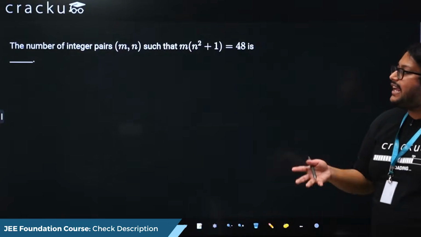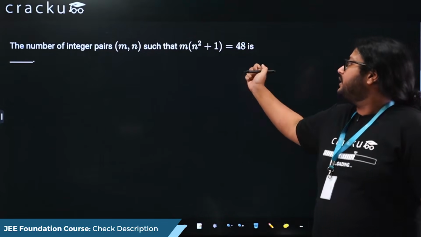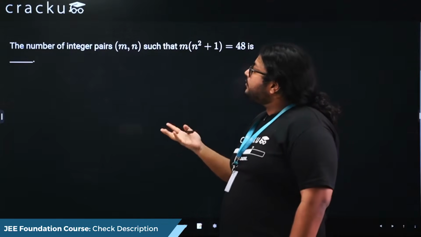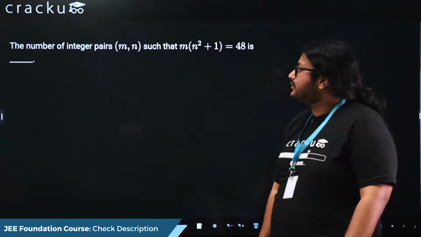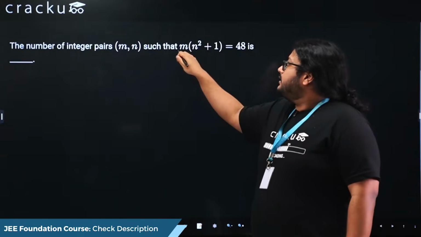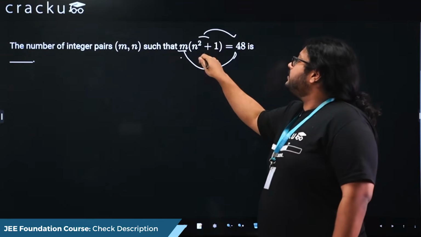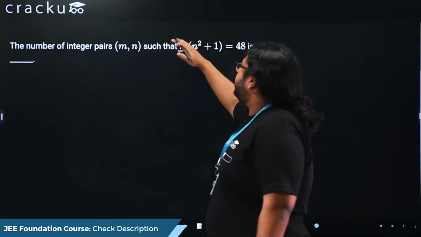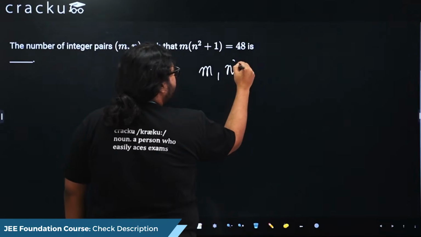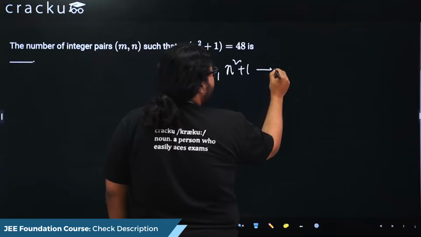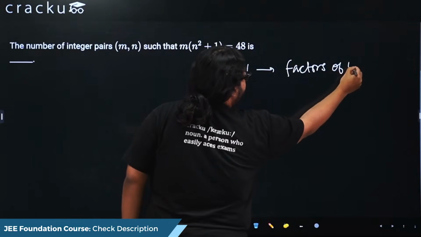In this question, we are asked the number of integer pairs (m, n) such that m into (n square plus 1) equals 48. Okay, so obviously they are integers. So integers being the case, the first thing we should remember is that m will divide 48, and n square plus 1 will also divide 48. Both of these are basically factors of 48.